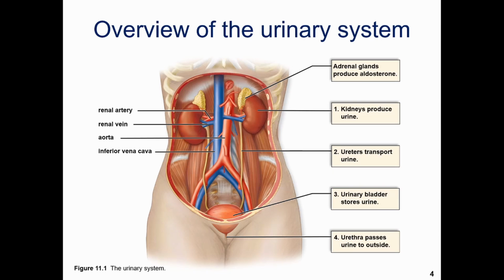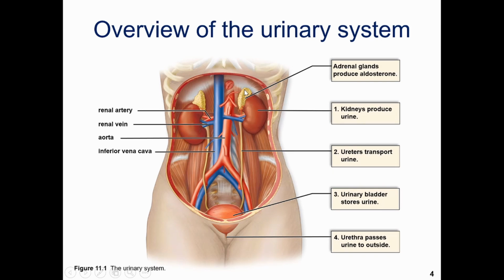So if we look on the image here, we can see how all these organs are structured, where they are in terms of the abdominal cavity, and how they connect together. So here's our bean-shaped kidneys, where we are going to be producing urine. They're like little urine factories. Sitting on top of them are the adrenal glands.